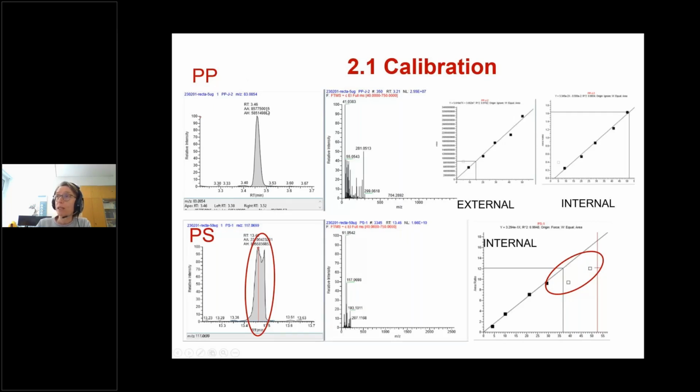In the case of polypropylene here, I want to show the curve quantified by external standard quantification and by internal standard quantification. By internal standard, using deuterated polystyrene, we get a very straight calibration with a very good coefficient of determination, and therefore this provides robust quantification of this polymer.